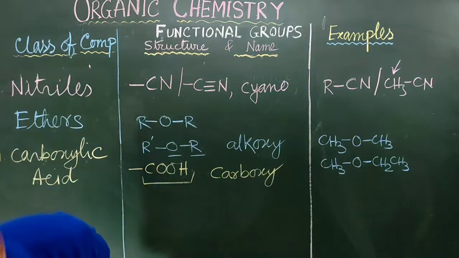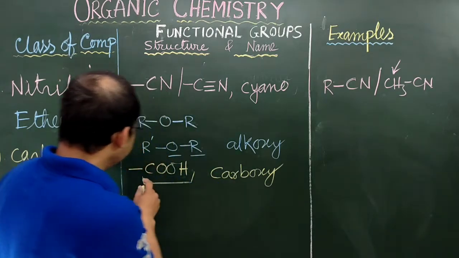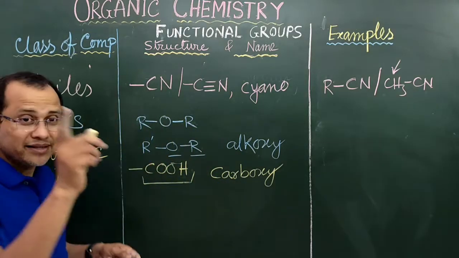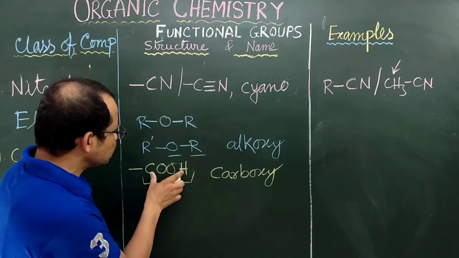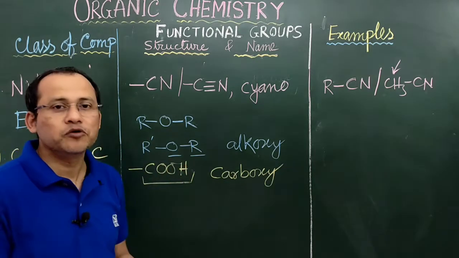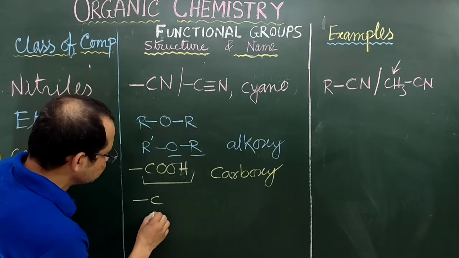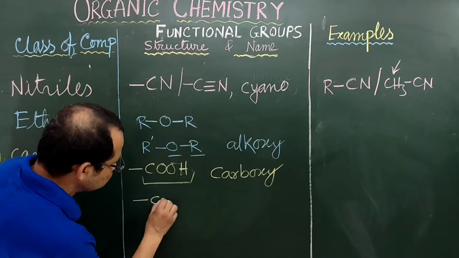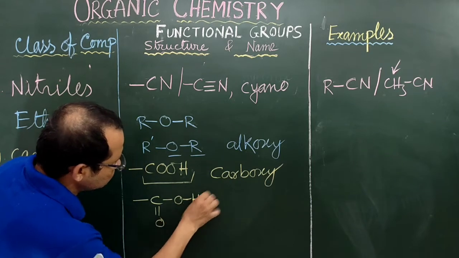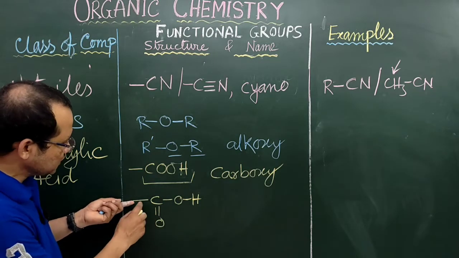Let me illustrate this with suitable examples. Another thing I have to mention is the actual structure of this. This is the abbreviated form, and you may not understand it, so for you I am explaining it in detail. The structure of this compound is like this. See the bond formation.